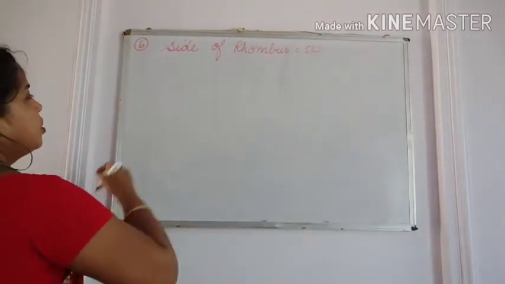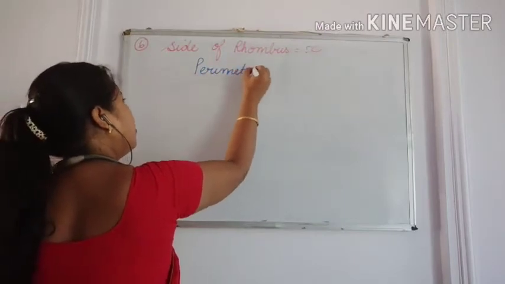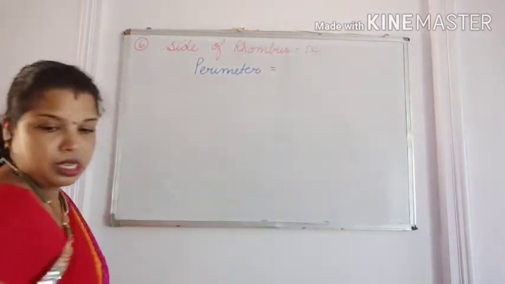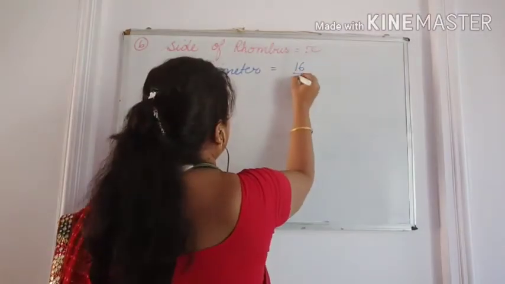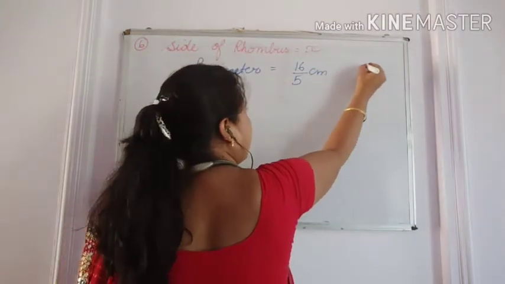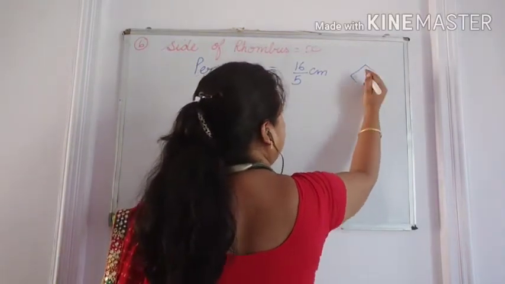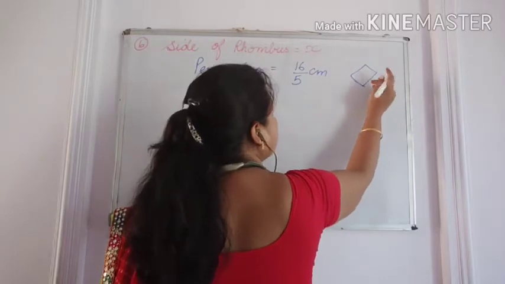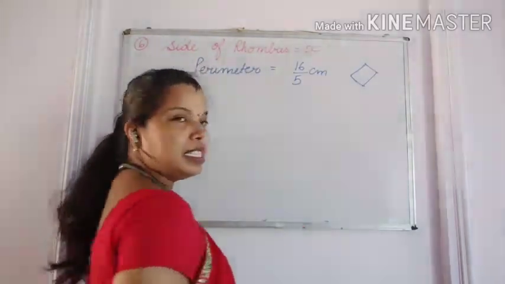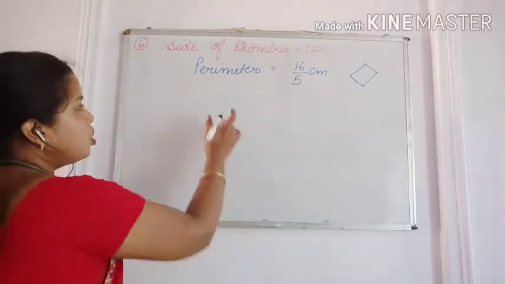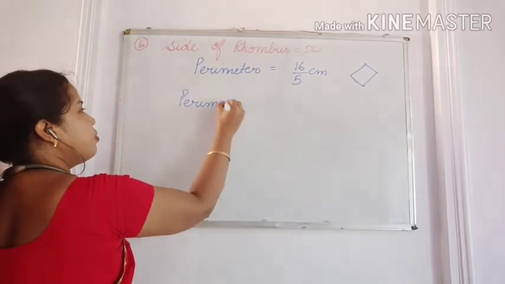Perimeter equals 16 upon 5 centimeter. Beta, a rhombus is just like that, it may be something like a square. Okay, so in a rhombus all sides are equal.